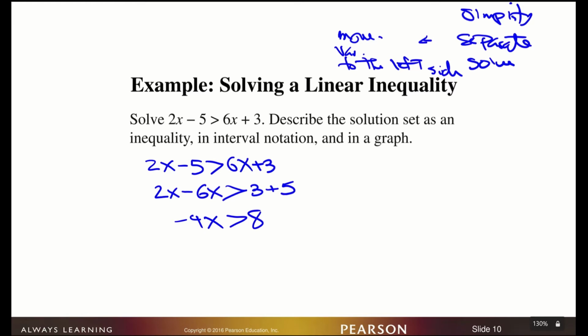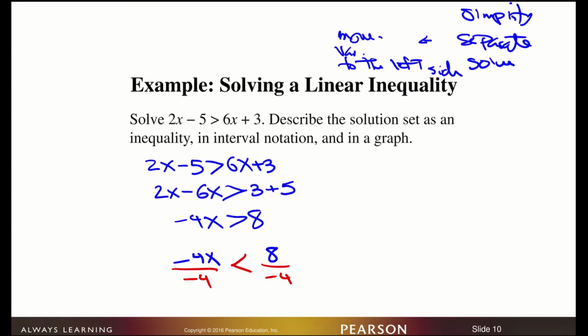Now we're about to divide both sides by -4, right? Don't do that on the same line. Go to a new line, write your inequality, go ahead and divide by -4, and immediately, as soon as you do that, because you're dividing by a negative, change the direction of the inequality.